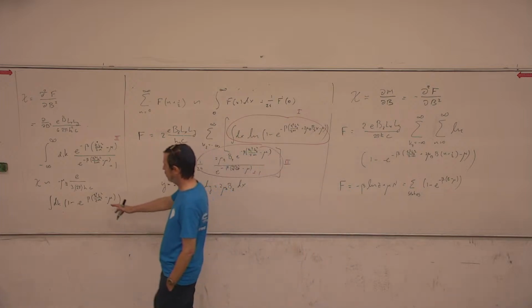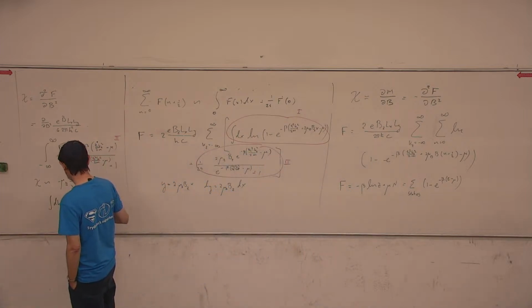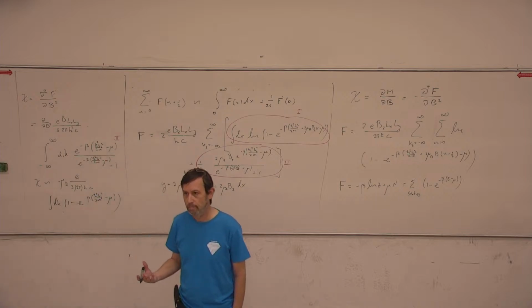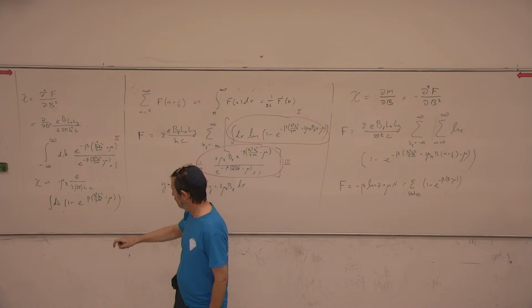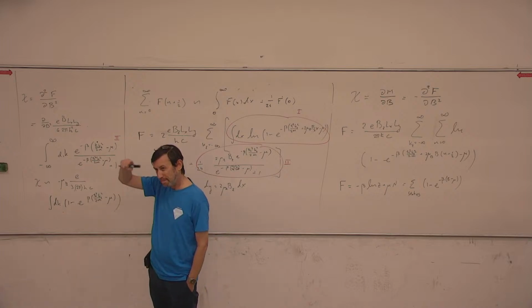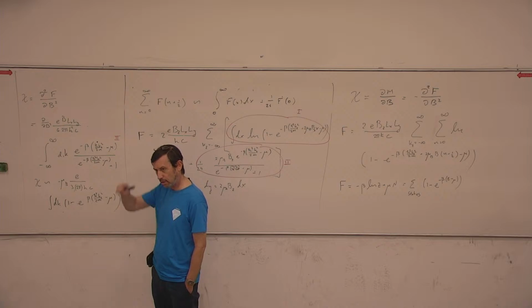Let's look at the integral. What do we know for small beta? How does this function look? Like a step function, more or less. So it's a constant and very steep going down.